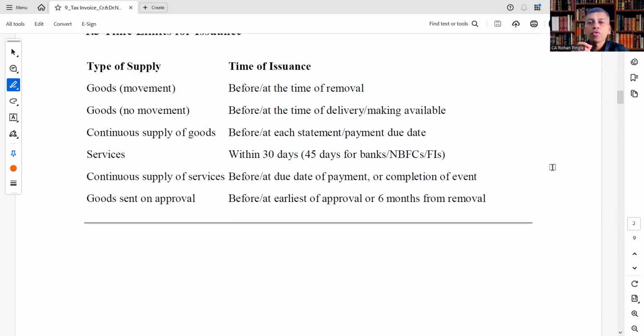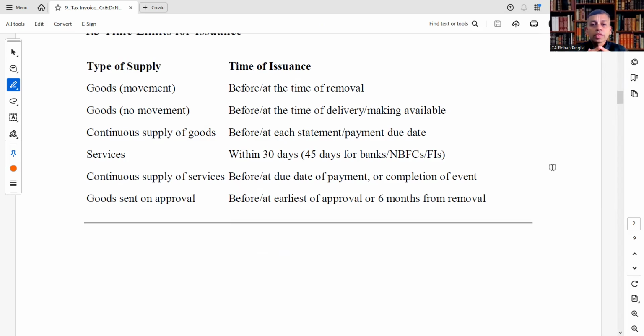So for services, normally within 30 days for those other than banks, non-banking financial companies and financial institutions, and within 45 days for banking companies, non-banking financial companies and financial institutions.